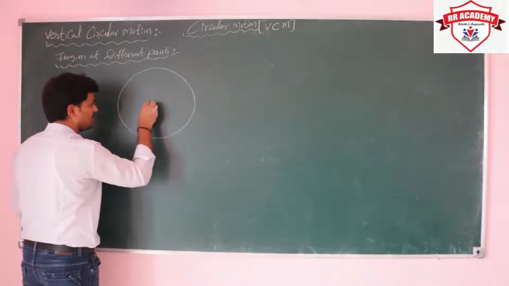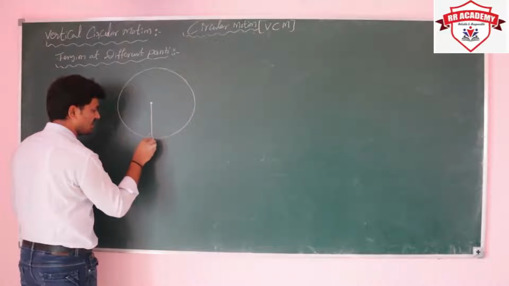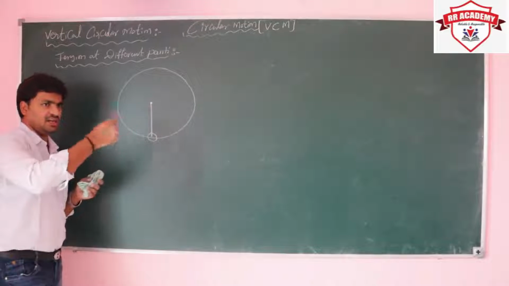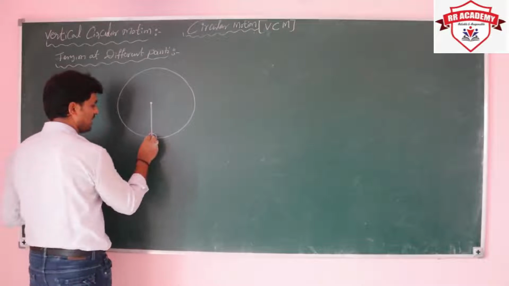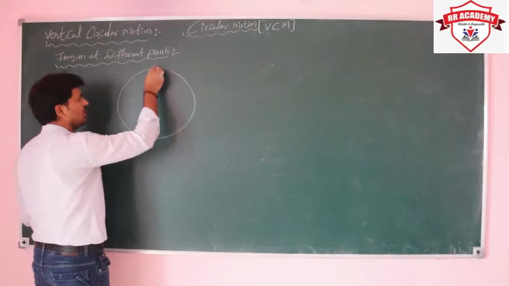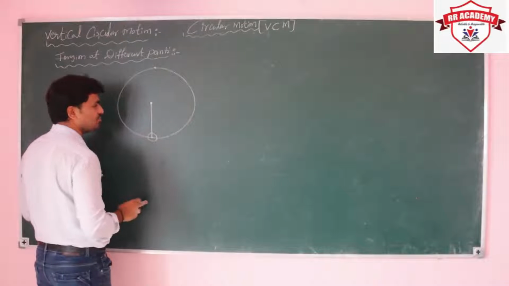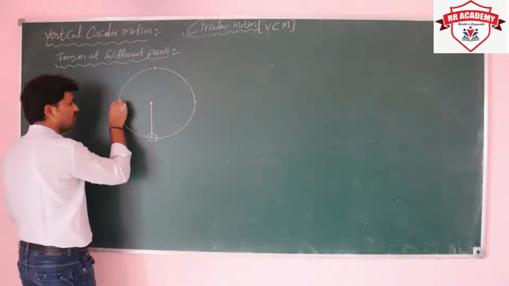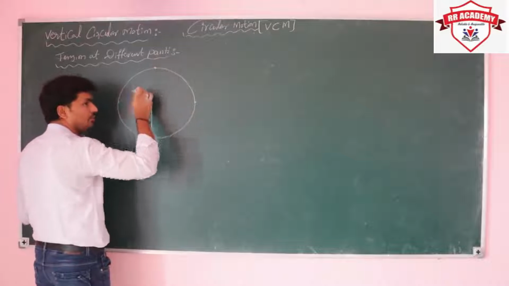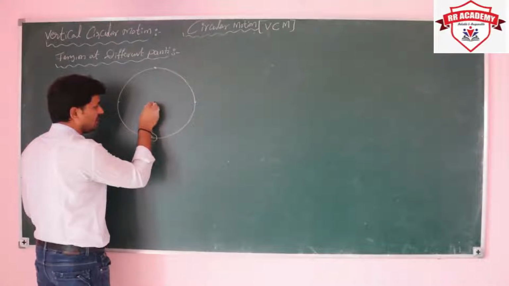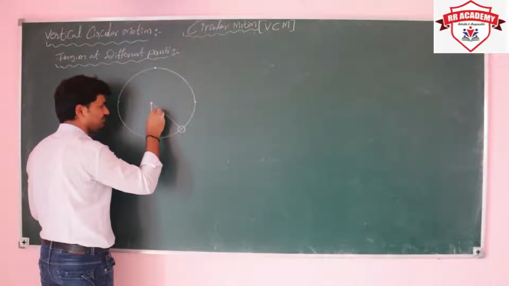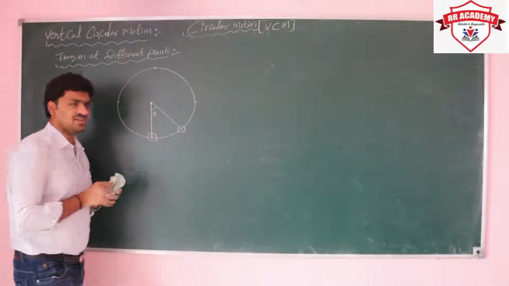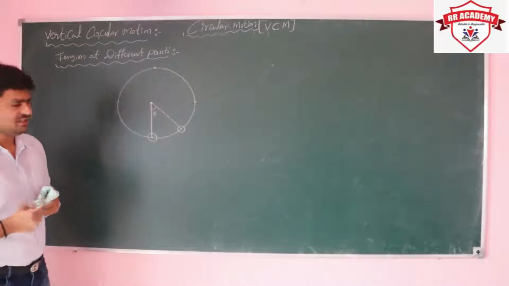Again, same condition: a body is attached to the string and is circulating in vertical circular motion. This position is called the lowest position, and this position is the highest position, with horizontal positions, bottom, top, like that. Now here we are considering what the tension is when the string is making an angle theta.